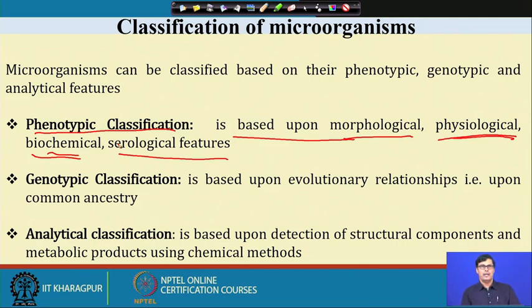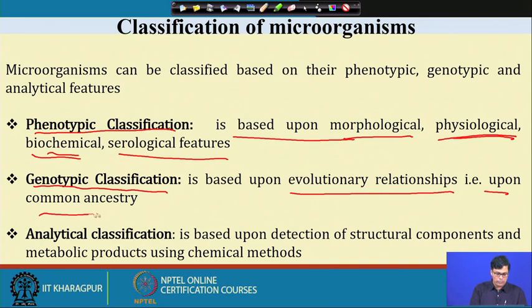Previously, in the early days, identification of microorganisms was mostly done on the basis of phenotype. Nowadays we usually do genotype classification. We want to be more definite about what organism it is, and what particular organism is present. It is based on the relationship of common ancestry, that is, the heredity.